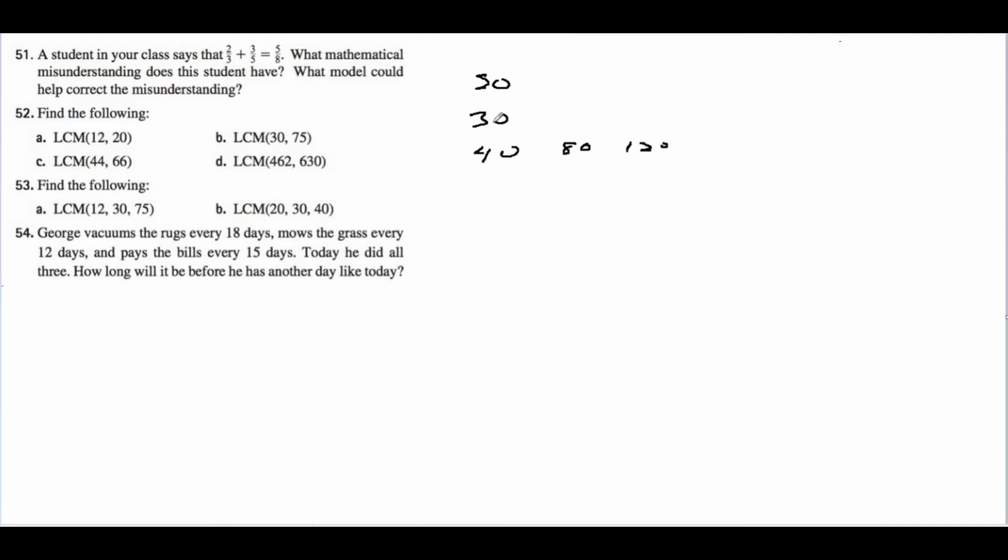But now we look at 30 can go into 120, and 20 can go into 120. So 120 is our least common multiple. But that's what I usually do, is I start with the largest number and start listing them, and then just either glance or like I was doing on the other, do the actual math, do the actual calculations.